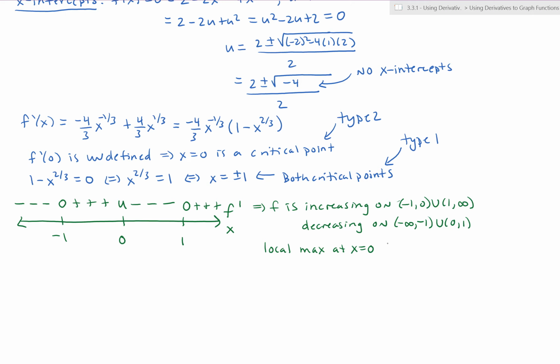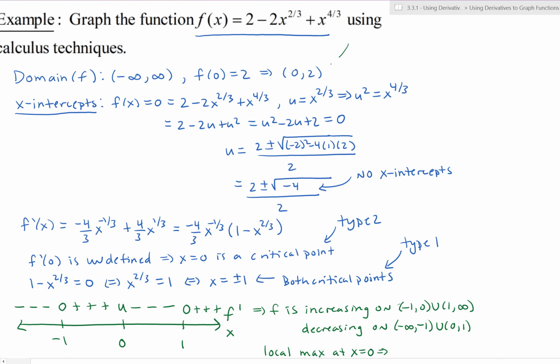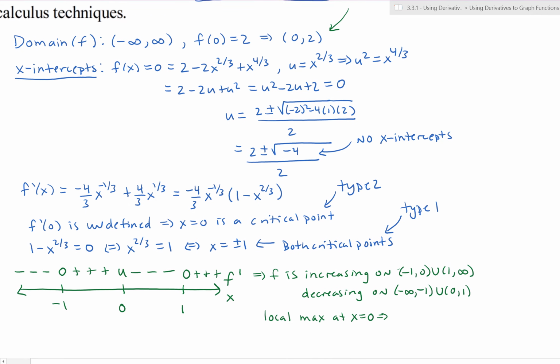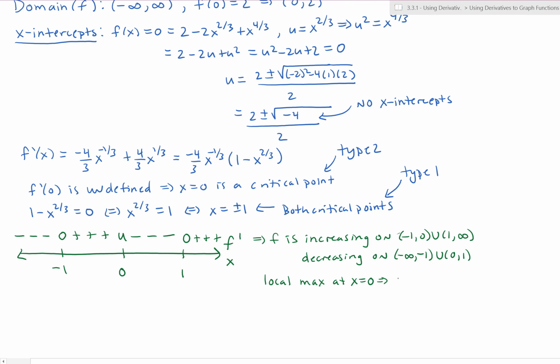But we know that there will be a local max at x is 0. And if you go ahead and, of course, plug in 0 into the function like we already found right up here, that ended up being 2 as an output. So at that y-intercept, we're going to have a local max. So local max at (0, 2).